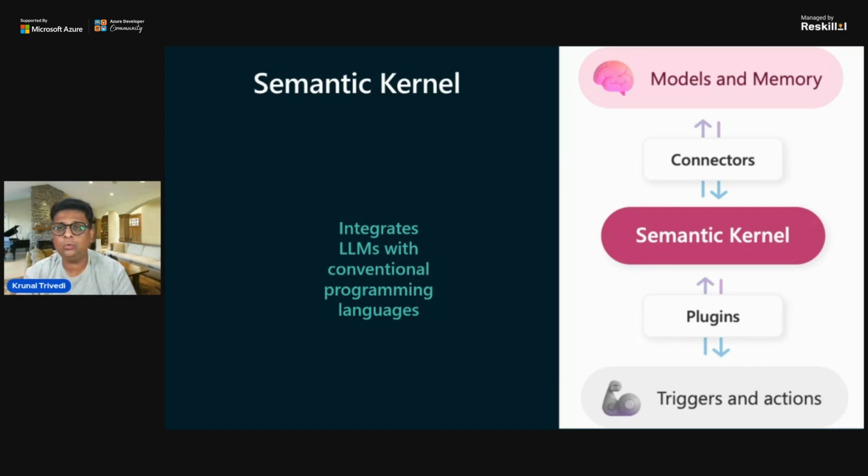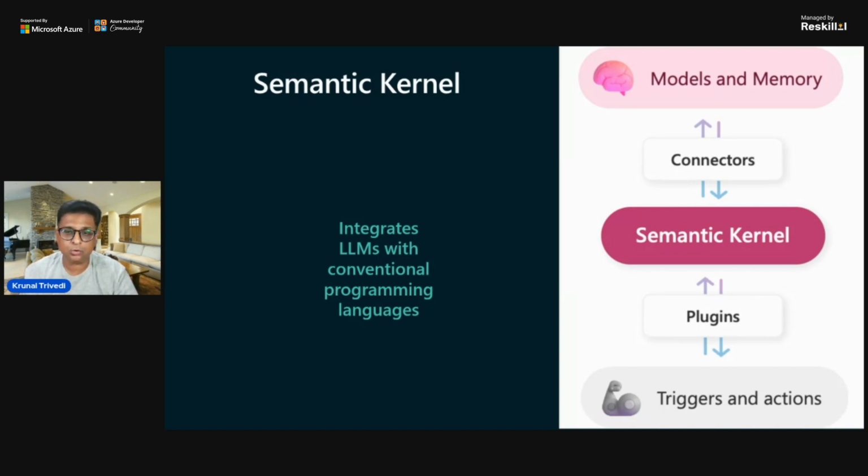So what you can do is take this input from your user with the help of your C# web application, and now you pass that input to LLMs with the help of connectors, and then you get some response.